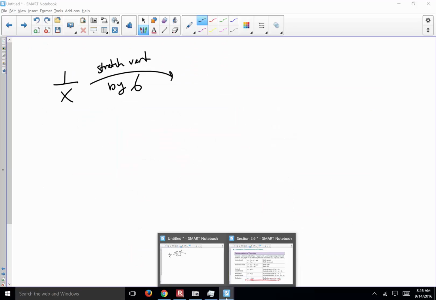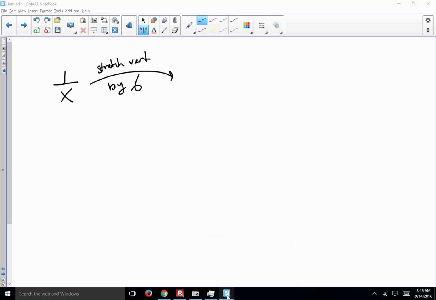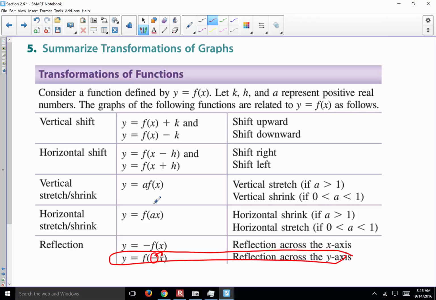Don't cheat unless necessary. But what is your initial guess? How do you stretch things? Vertically. There is a horizontal stretch, there is a vertical stretch. Yeah, we need to take 6 outside in front of the whole function and multiply, right? Let's double check.